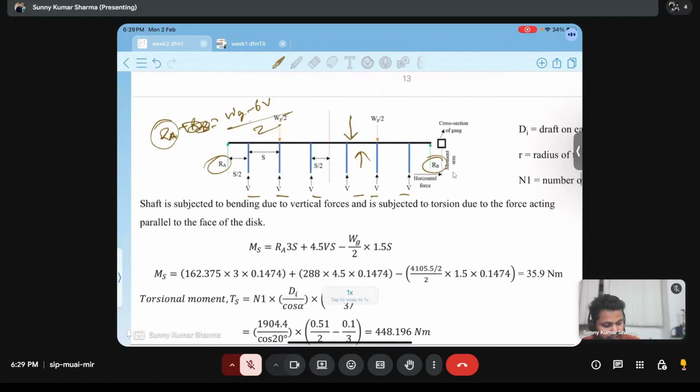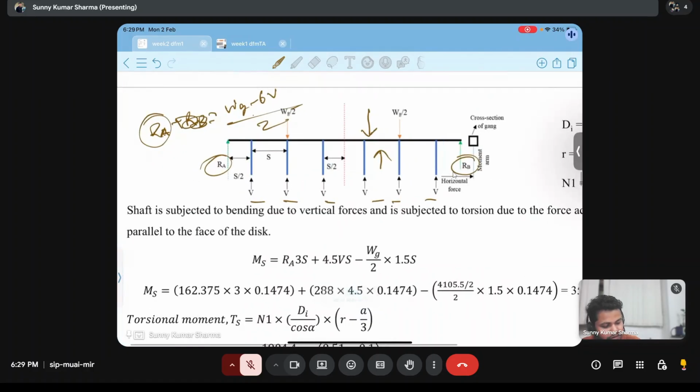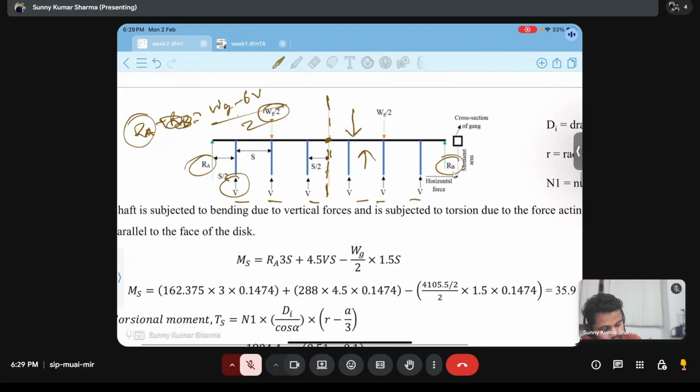And what will be the moment acting on this? Due to this V and W, this shaft will have bending moment. This W and V will try to bend this shaft. So what will be the bending moment? We will calculate the bending moment with respect to this line, the middle of the shaft. From here, RA is trying to bend this shaft in which direction?